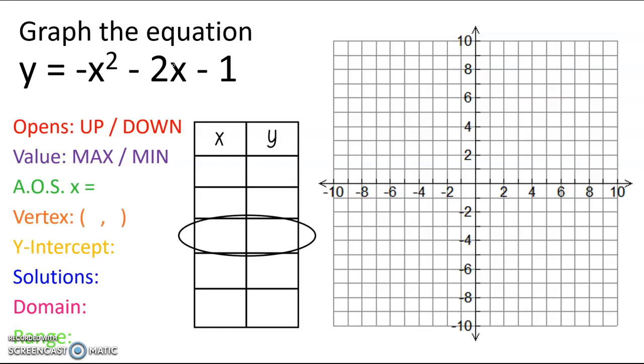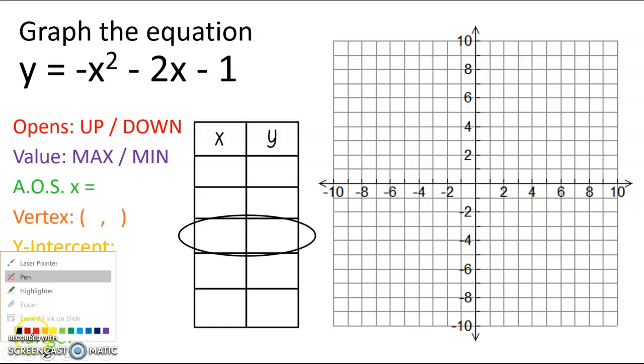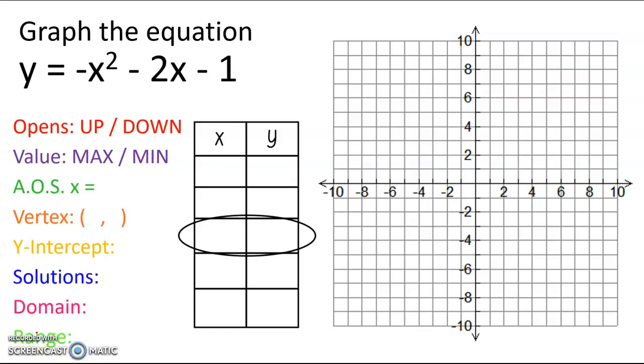All right, so we're graphing the equation. I'm figuring out my components here. So first thing, opens up or down, value max or min. I'm going to look at this A value here, and I'm looking at whether or not it's positive or negative. There's no number in front of it, but I have that negative sign there.